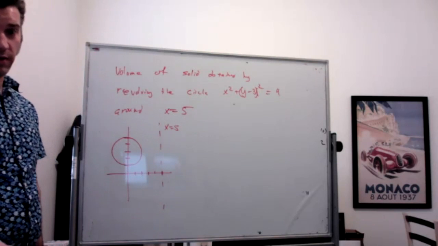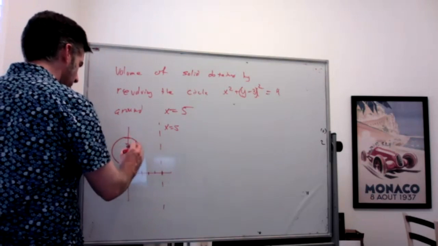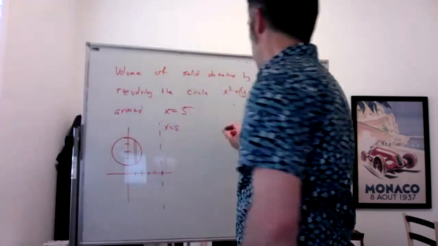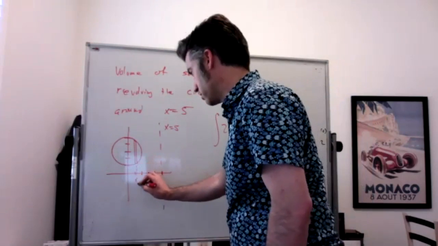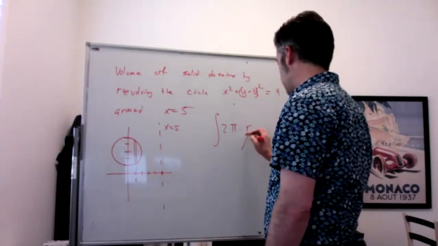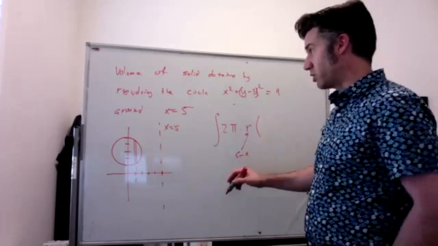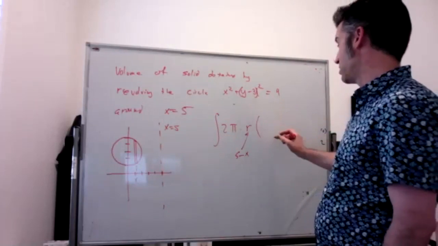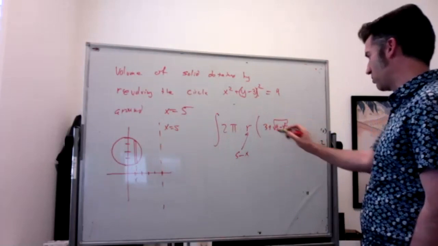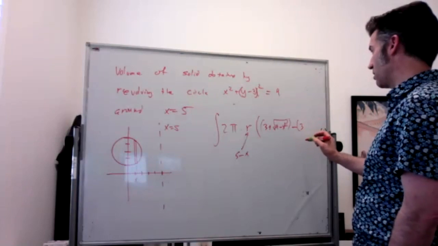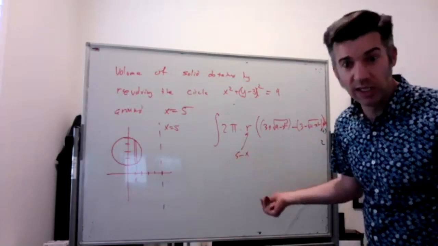You can use the disk or the washer method, or if you're using shells, you could do the integral of 2 pi times your radius, which is 5 minus x, times the height of your strip, which is the top function, which is terrible. It's 3 plus the square root of 4 minus x squared minus the bottom function, which is 3 minus the square root of 4 minus x squared, dx. That looks really terrible.